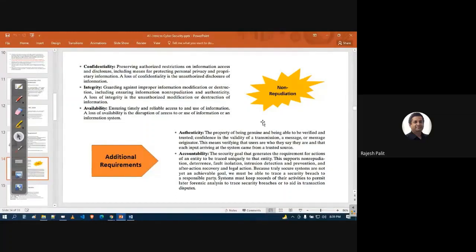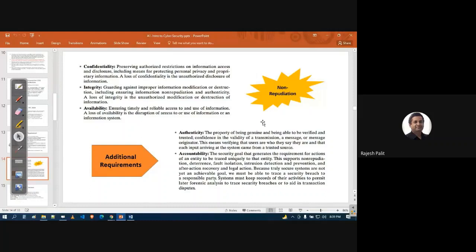And what is accountability? If you perform a task or an operation on a system, there must be a mechanism so that the system administrator will be able to trace you down, that you have made this transaction or performed this operation in the system, and you are accountable for that operation.